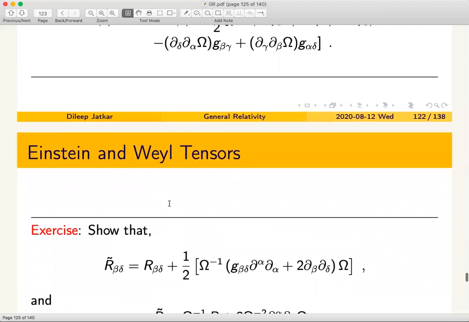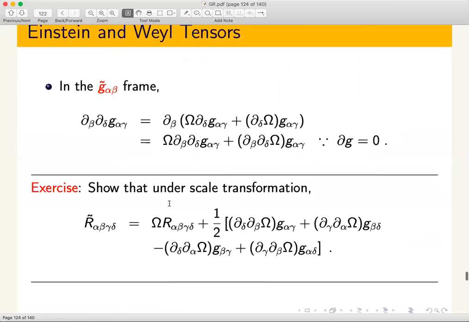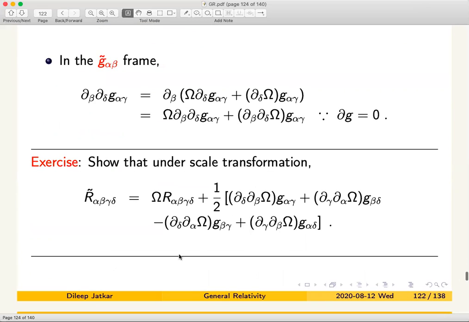But before we do that, I just want you to remember a specific mnemonic which would be useful for you to understand how to count how many factors of omega you would actually get. Now to do that, maybe I should split the screen.